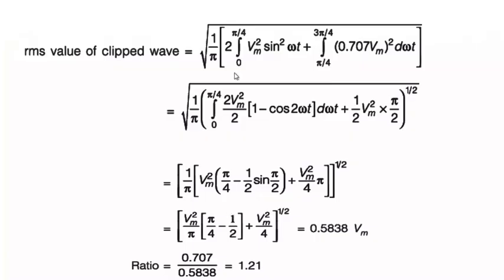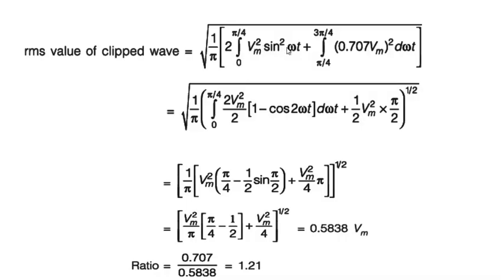So that is what is given here: 1 by pi within brackets, 2 times the integral from 0 to pi by 4 of Vm square sin square omega t, plus the integral from pi by 4 to 3 pi by 4 of 0.707 Vm whole square d omega t. If we solve this and take the square root, we will get the RMS value of the clipped waveform.